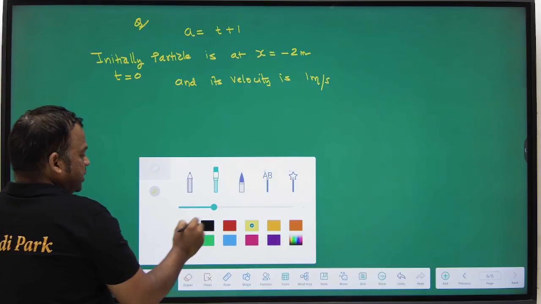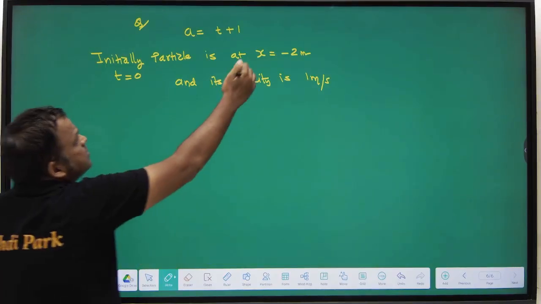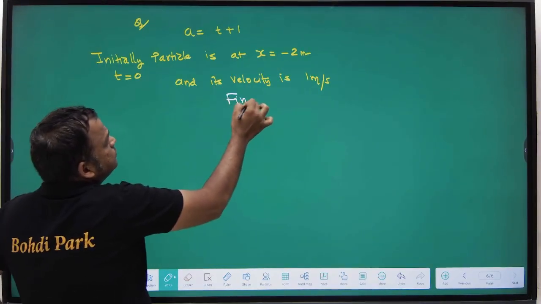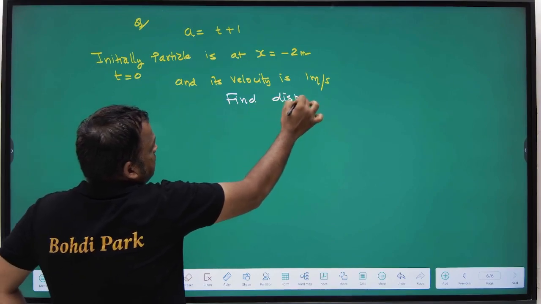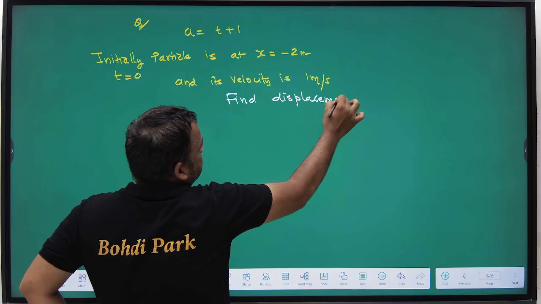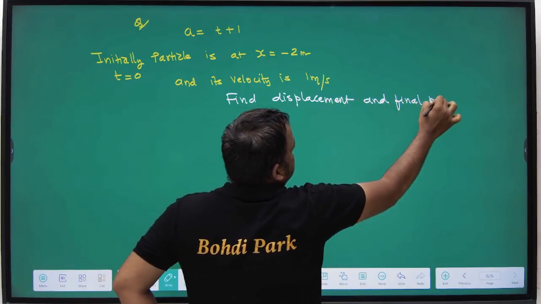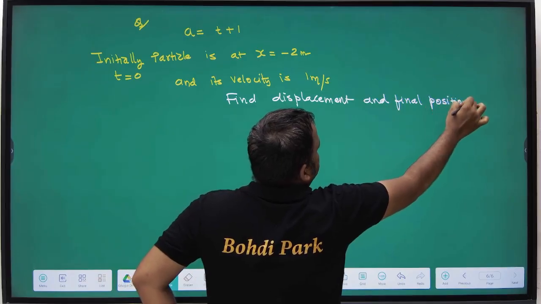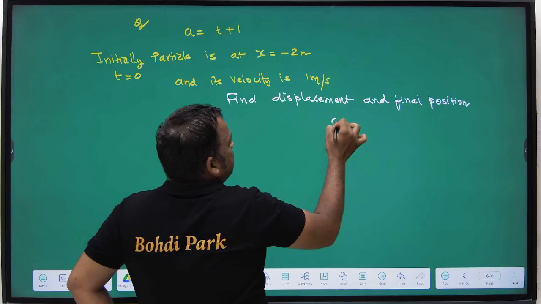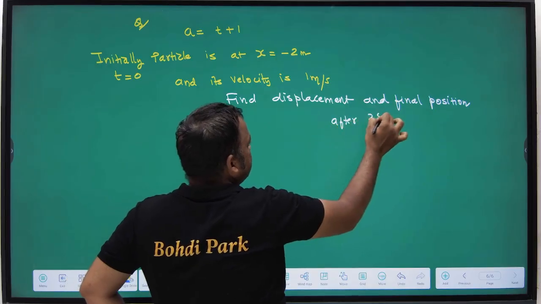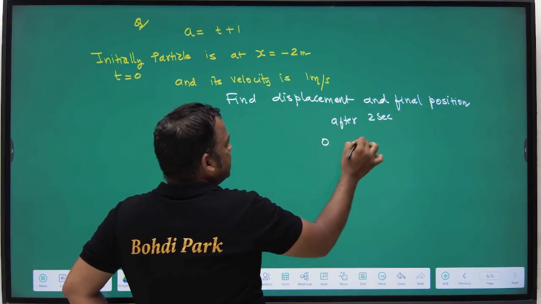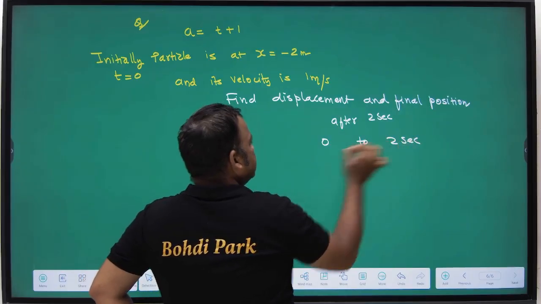So how to start this question? Okay, the question is same. Find displacement and final position after 2 seconds. So the limit of time is 0 to 2 seconds.